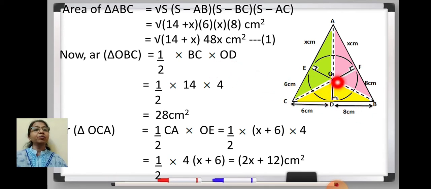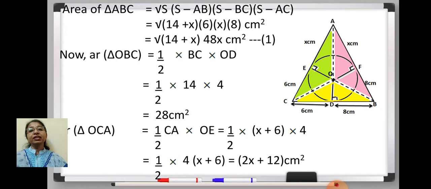And height means perpendicular length, which is OD, and this is nothing but the radius of the circle and its value is known to you, 4 centimeter given. So half, BC length is 14 into OD is 4. So 2 and this 14 will get cancelled. So 2 7s are 14 and 7 4s are 28 centimeter square. So the area of triangle BOC, which is shown in yellow color, is equal to 28 centimeter square.